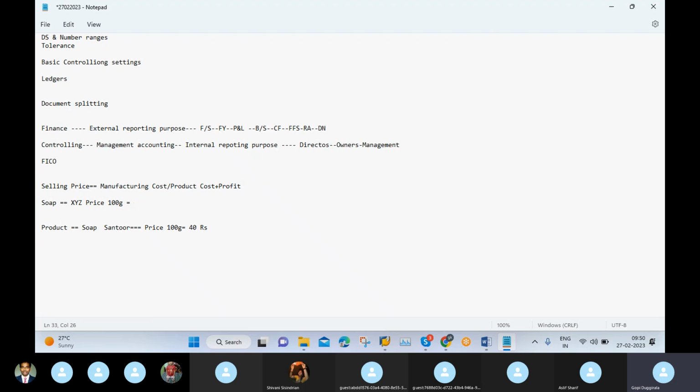Otherwise, if our soap price is like 70 or 80, is it possible to capture the market? No, sir. It means this is the market price, the standard price. In the market, we have one standard price. If you consider other products, for example Pears, maybe this cost will be 45 rupees.